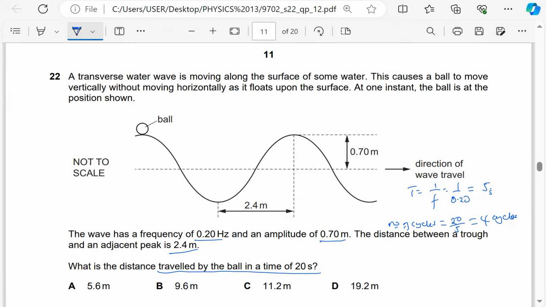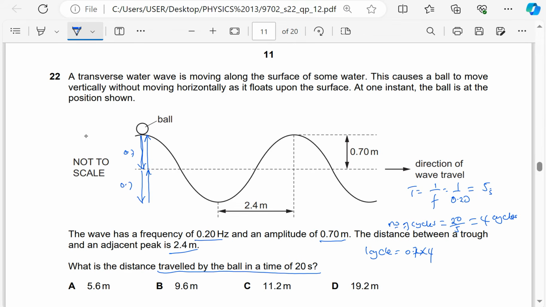Let's see the length of one cycle. This distance is 0.7. If it moves down, that is 0.7. Then to the trough, another 0.7. Then it comes back, 0.7. Then it goes up, 0.7. That is one cycle. So one cycle is equal to 0.7 times 4.